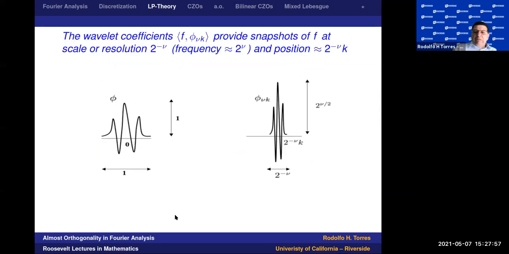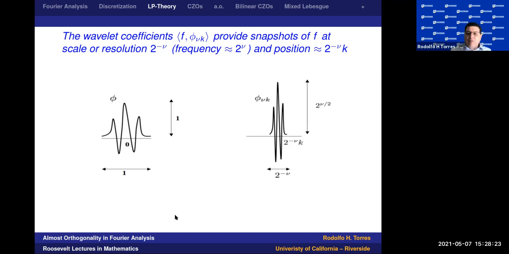So here is what the wavelets look like, this short duration smooth bump that I was talking about before. And so each of these coefficients represents how well this function f correlates with one of these generic forms at a particular scale and position in space. So for each ν, we dilate these things.